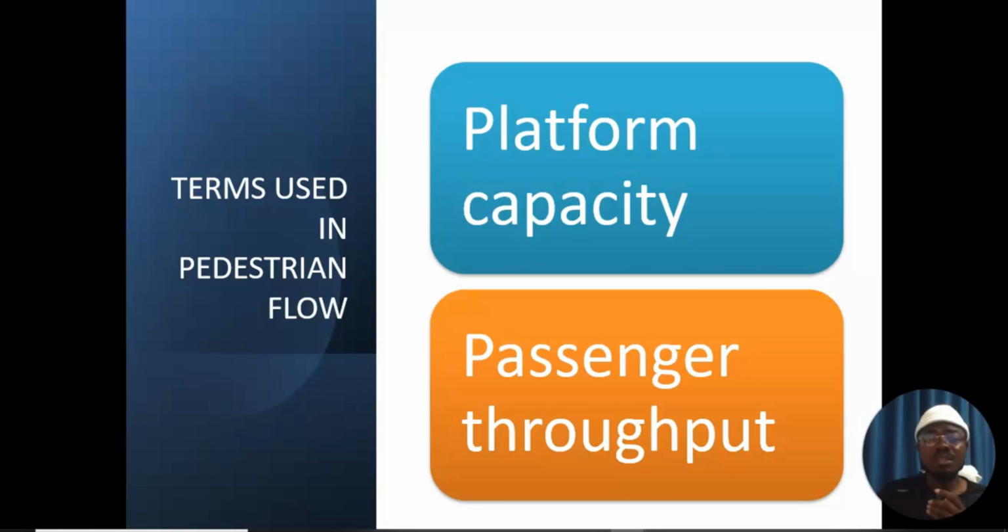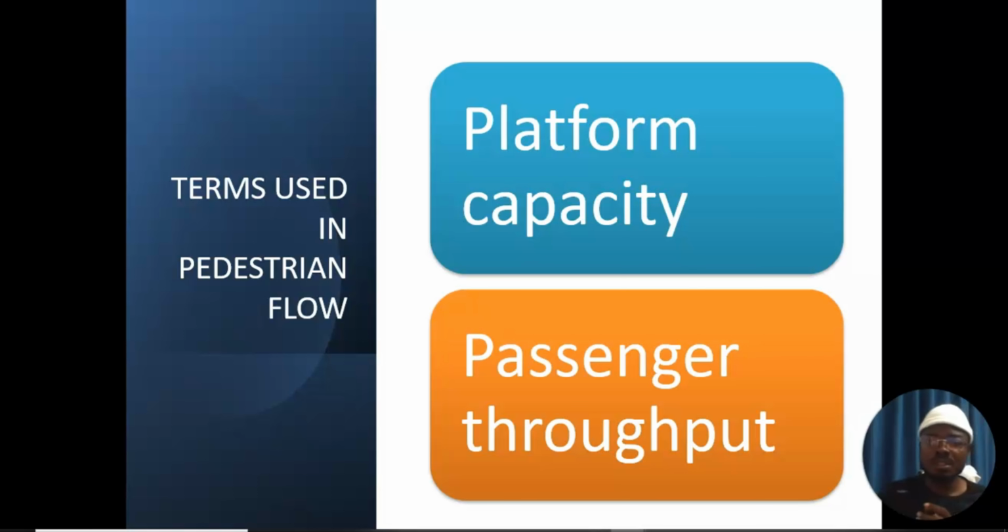When we're talking about this, it's the number of passengers that can be processed through a subway station or a system at a given time. In a subway station, there are some places for ticketing. There are some places where they process the passengers before they move into the train, or the high speed rail, whatever it is.